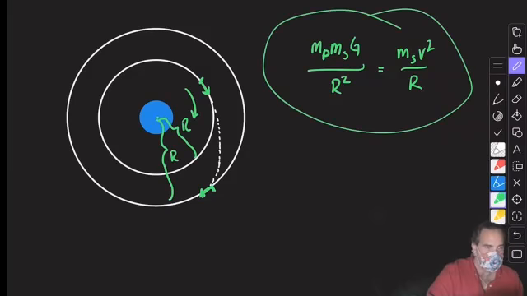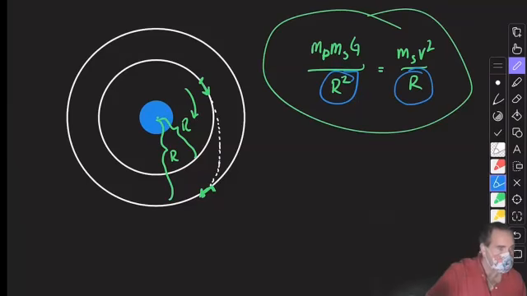Now, remember this isn't radius, this is separation distance. This isn't separation distance, this is radius. We use the same R for both. You have to ask yourself before you answer the question, are they the same thing?